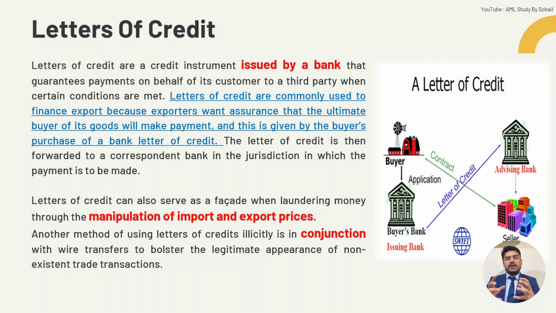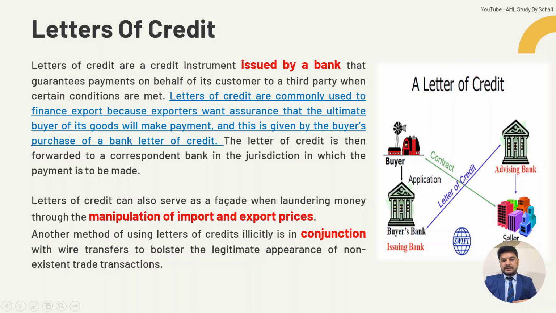Actually, a letter of credit is an assurance given from the buyer's bank to the exporter's bank, because they want some assurance. Like if the exporter sends the product and later the buyer says, oh, I don't want to buy the product, in this case, to reduce the risk, a letter of credit is introduced between buyer and seller.